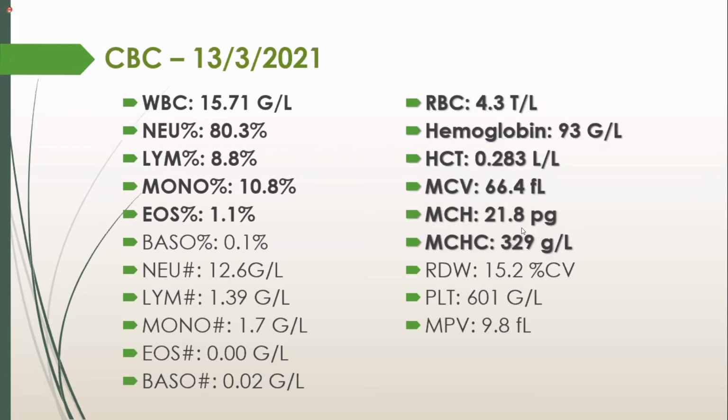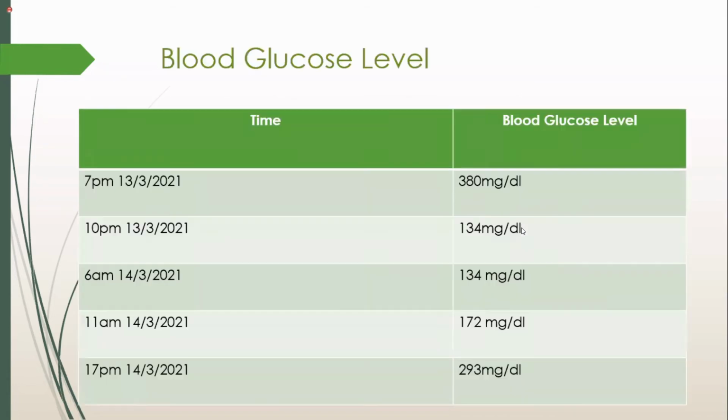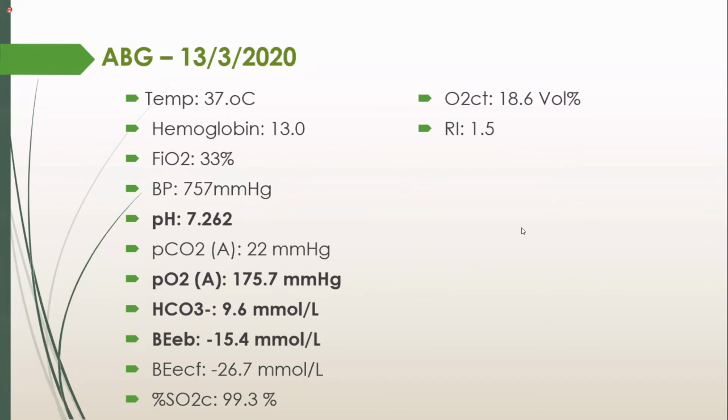Sorry, I should have checked it again. I think that with the ABG, they write in the abnormals, the pH, the bicarbonate or anything else, but they don't write in the hemoglobin.